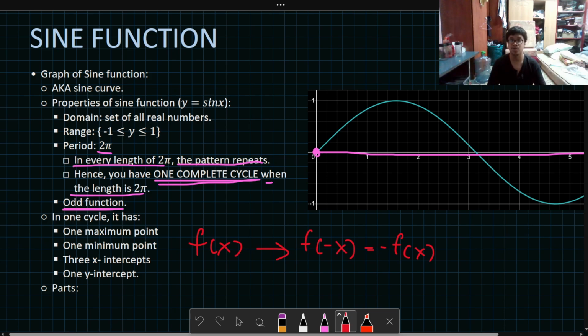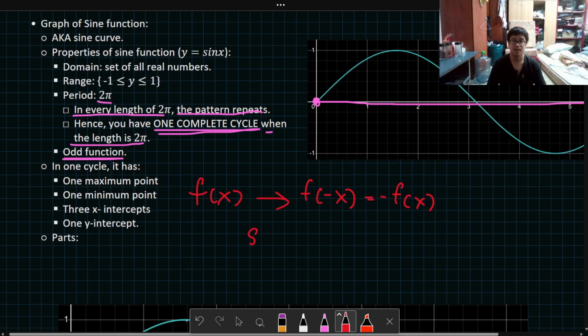Which makes sense, because sine of negative x is just the same as negative sine x.